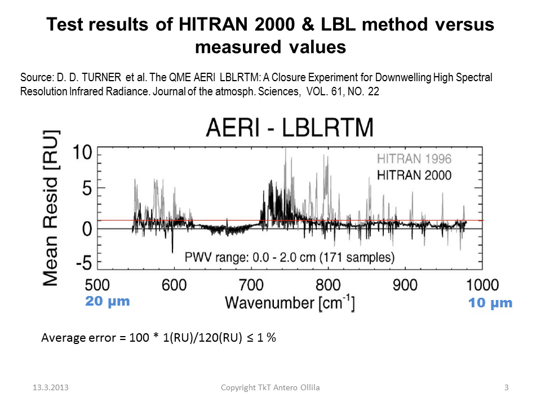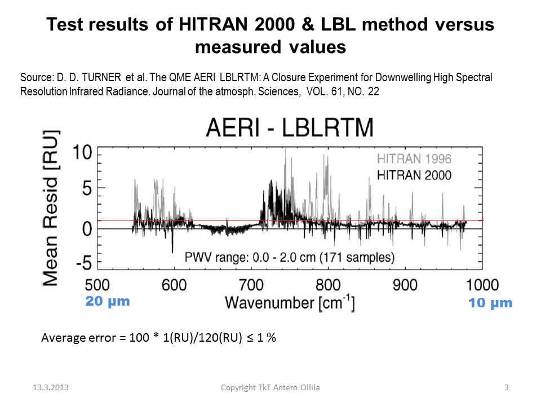And on this scale, we can see the mean residual. It means practically the mean error between measurements and theoretical calculations. There are the results using the older HITRAN database 96 and the latest database 2000 at that time.